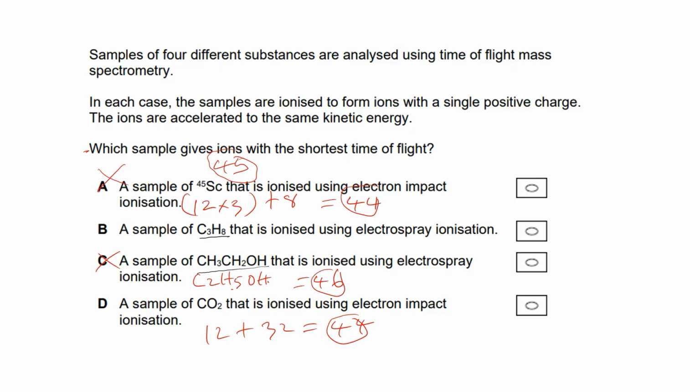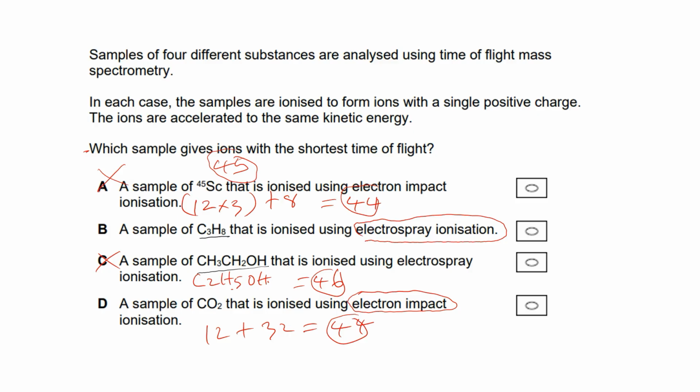Now how do we know which of them is the correct answer? If you look at the options properly, it said a sample of propane that is ionized using electrospray ionization. Now this is the key point here. This one says a sample of CO2 that is ionized using electron impact ionization, and the type of mass spectrometer that is in your curriculum is electron impact ionization.